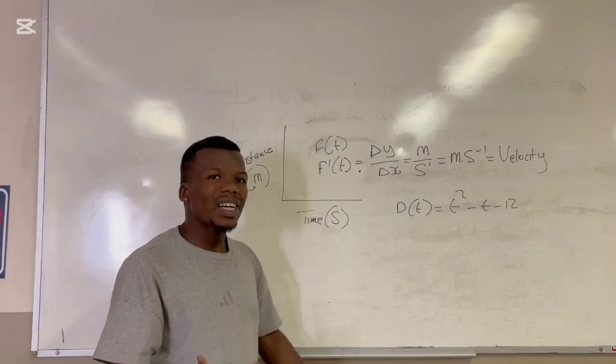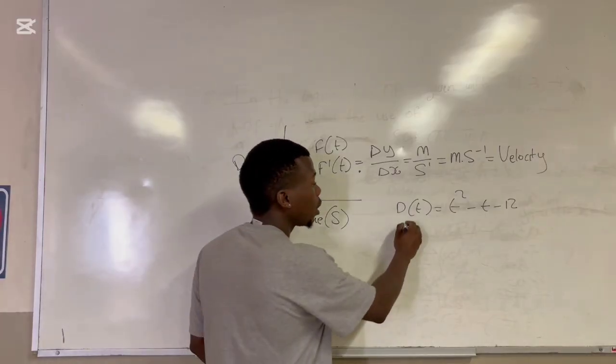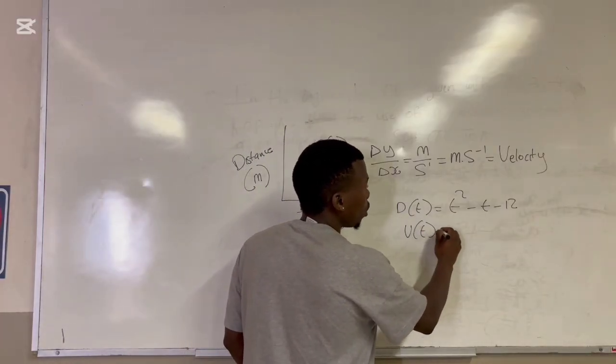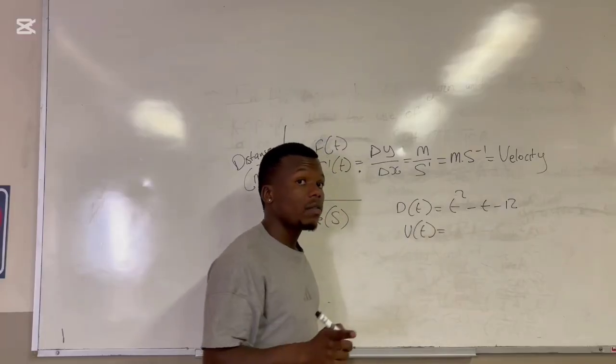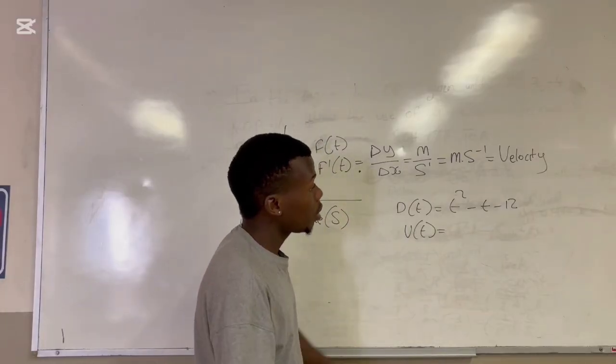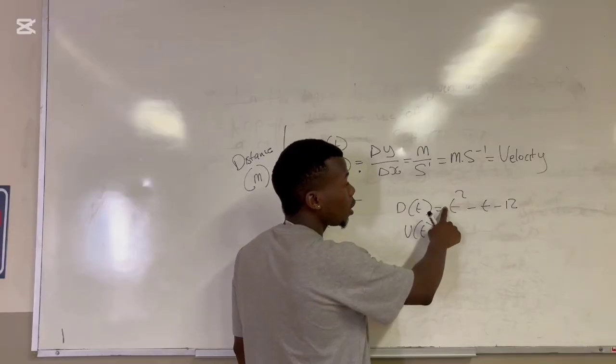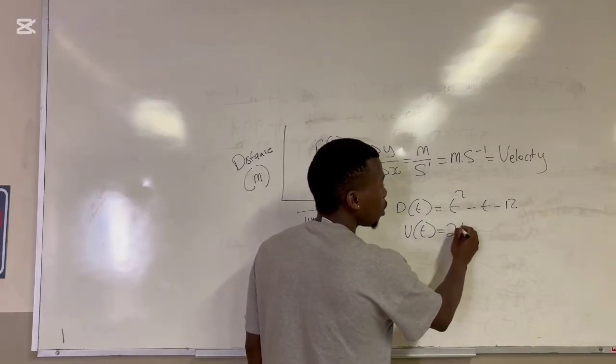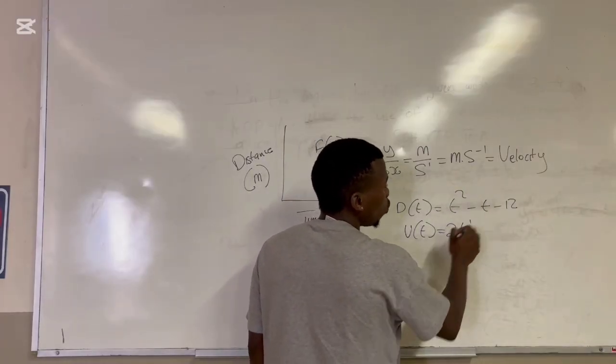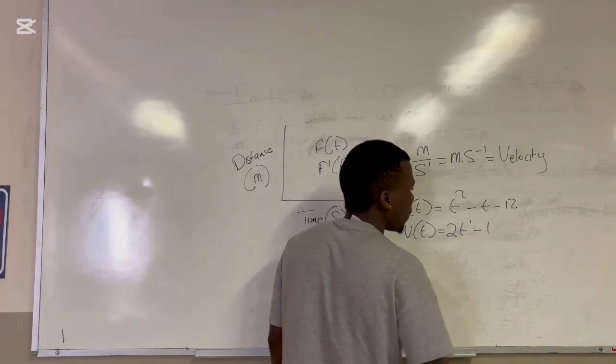As I'm deriving the function in terms of t, I will get velocity with respect to t. Remember, deriving is all about exponent multiplied by coefficient, exponent minus 1. This is going to be 2 multiplied by 1, which is 2, t to the power of 2 minus 1, which is 1, minus 1.